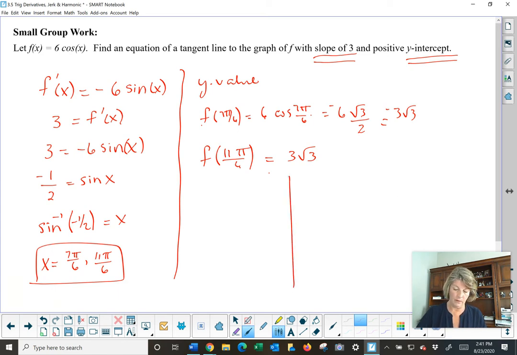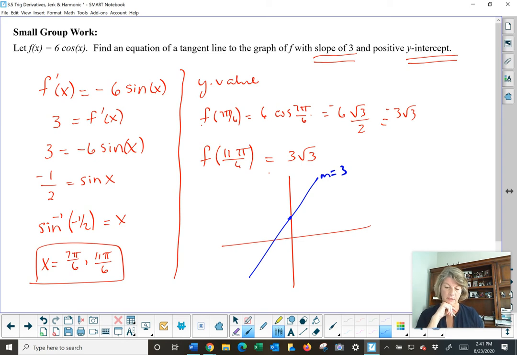Now, I need my line. Find an equation of the tangent line to the graph of f with a slope of 3 and a positive y-intercept. So I think they want our tangent line to have a slope of 3, so the derivative is 3, and it's got to go through a positive y-intercept.